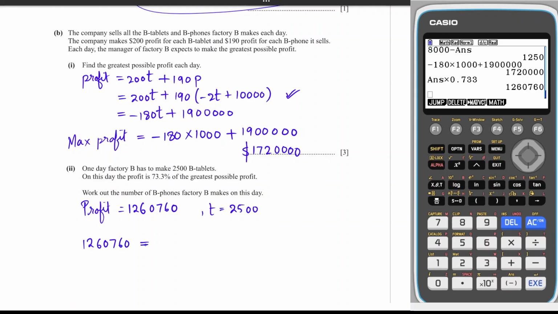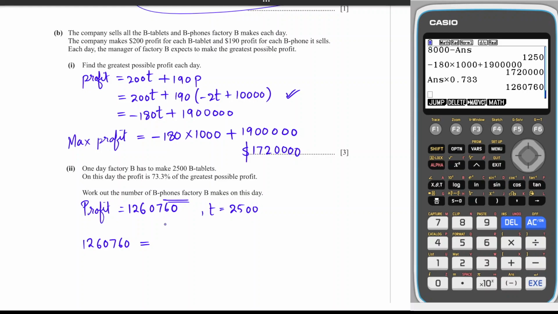1260760 is equal to, I need to find out the value of the B phones that are made. So how many phones?